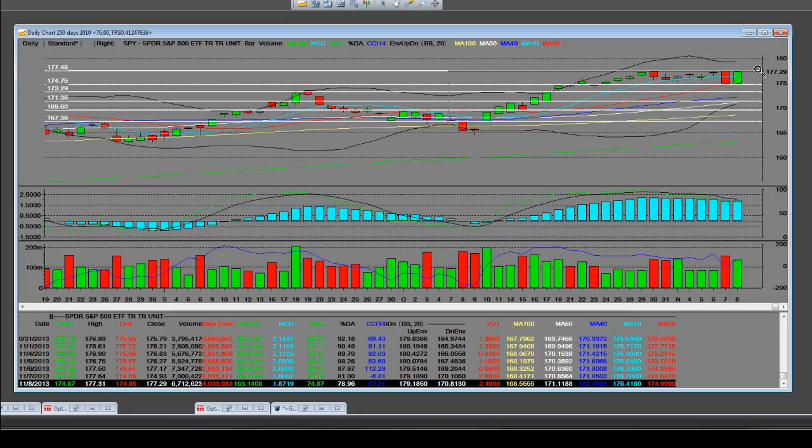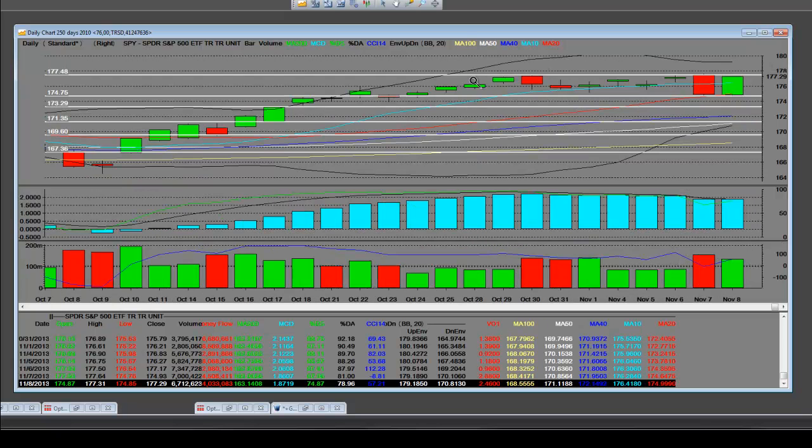What we will do is make this a greater looking bar. So any movement below the 10-day, and if we fall below the 20, the 50-day moving average would be support way down here at 171 in this wonderful bull run in the SPYs. That would be that lower support level.